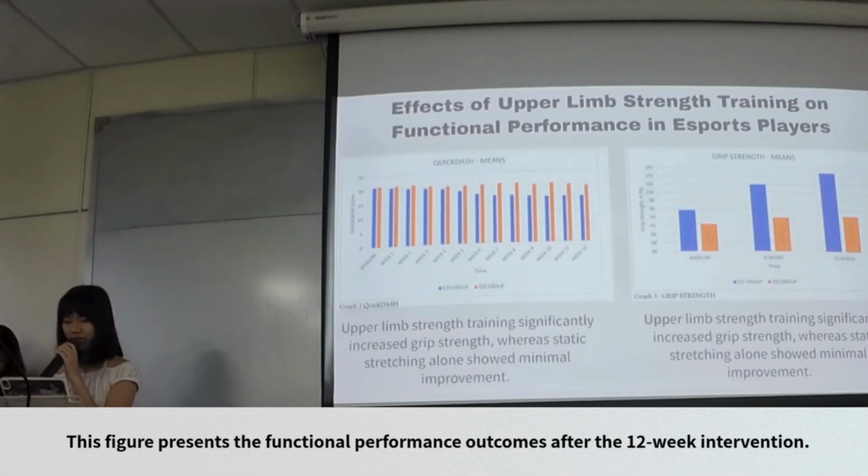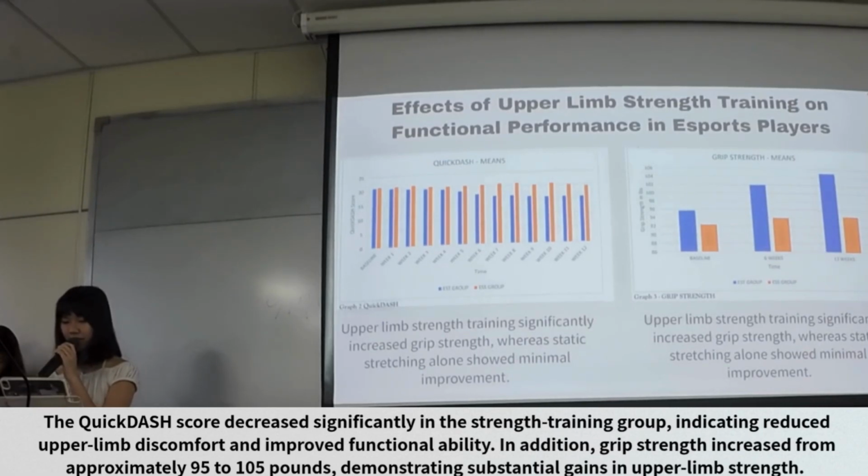This figure presents the functional performance outcomes after the 12-week implementation. The QuickDASH scores decreased significantly in the strength training group, indicating reduced upper limb discomfort and improved functional ability. In addition, grip strength increased from approximately 95 to 105 pounds, demonstrating substantial gains in upper limb strength.